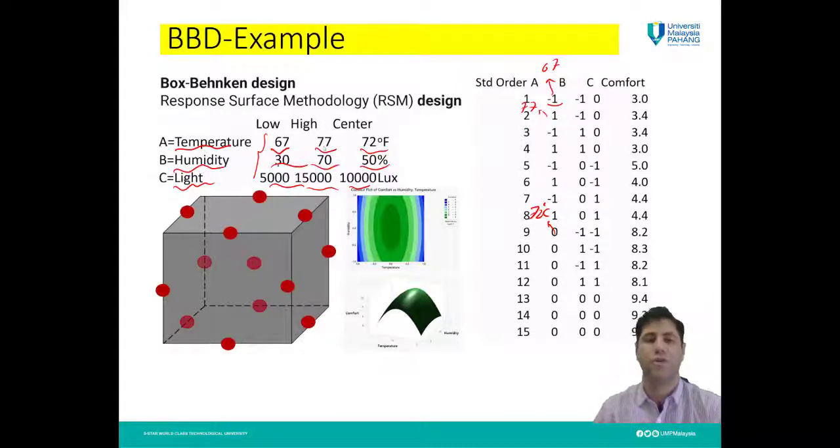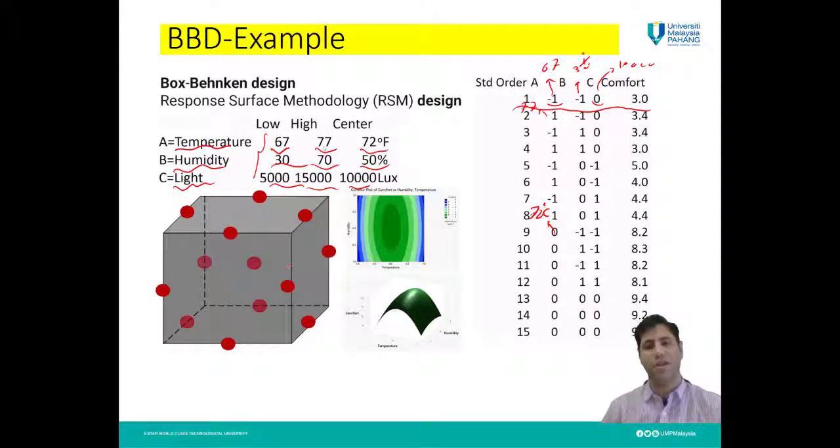And we need to run our experiment according to this table. In other words, we need to prepare a room, use a heater, or we need to control the temperature to put it at 67, control the humidity, put in, here -1 means the low level, which is 30 percent, and C, which is light, here 0 means medium, which is 10,000.